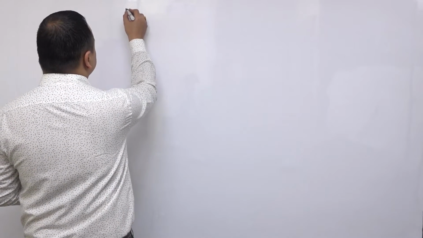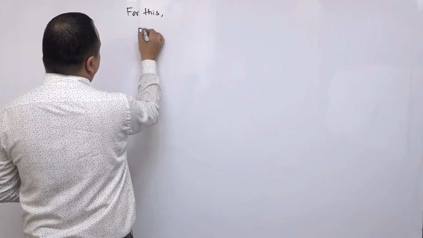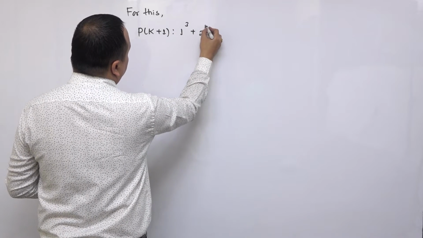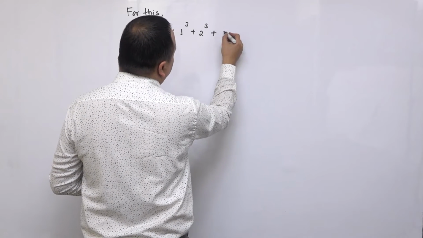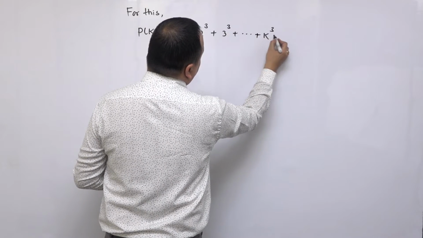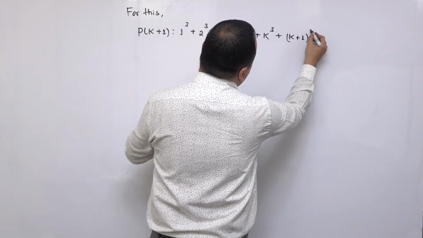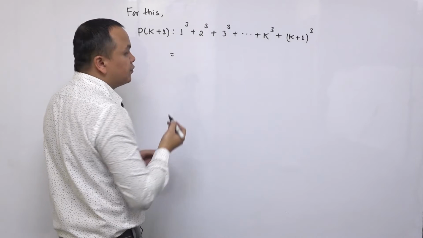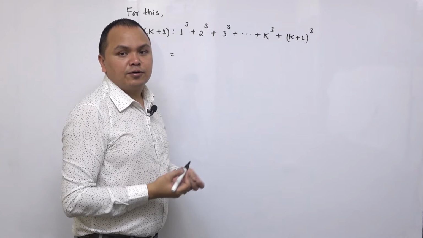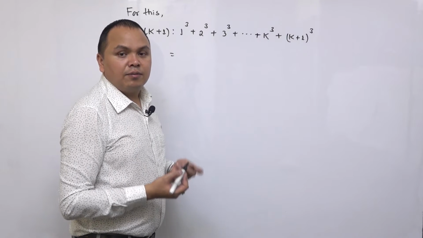For this, Pk plus 1 is 1 cube plus 2 cube plus 3 cube plus dot dot dot plus k cube plus k plus 1 whole cube. And 1 cube plus 2 cube plus dot dot dot plus k cube is equal to k square times k plus 1 whole square divided by 4 by our assumption.